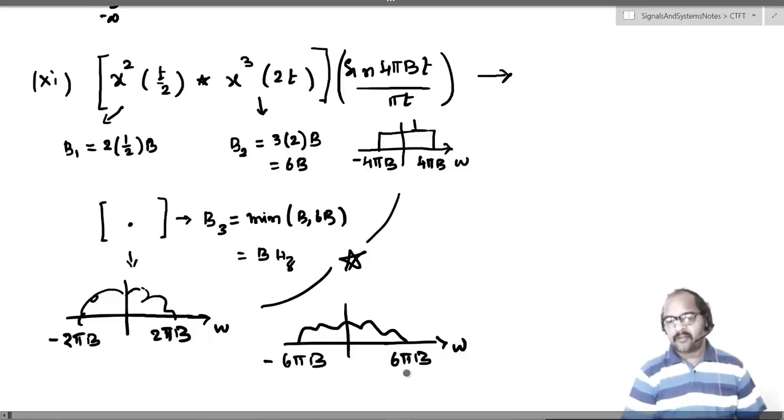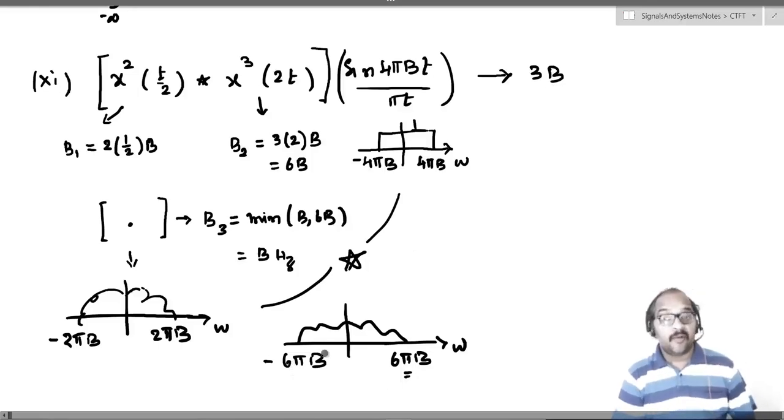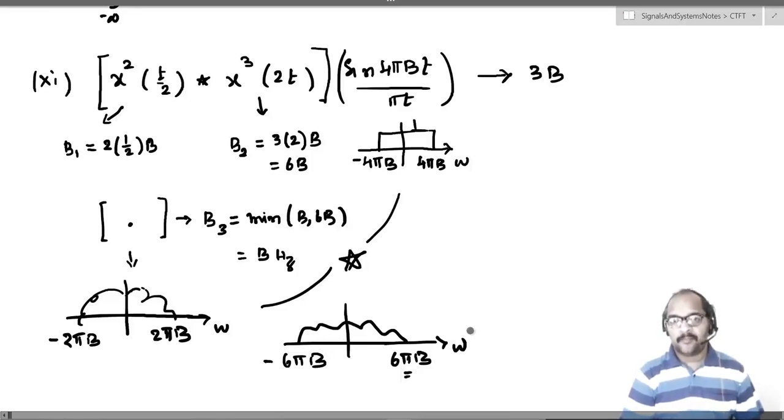So the highest positive frequency is 6 pi b, and hence the bandwidth is 3b hertz. Okay, in that way we can solve the problems related to the bandwidth of a signal. So next let's talk about the sampling theorem.